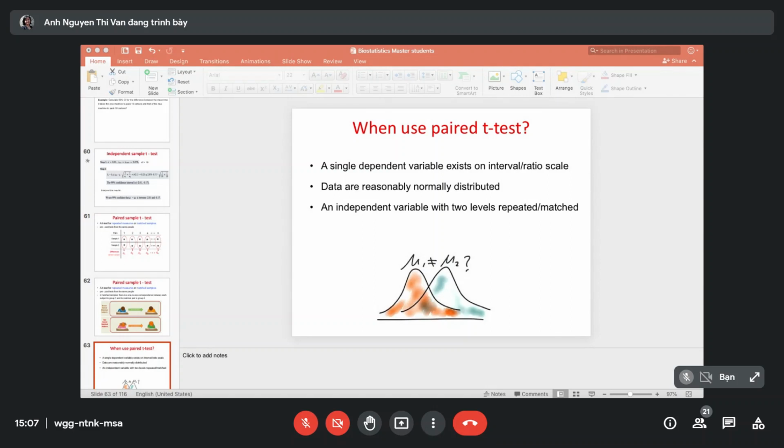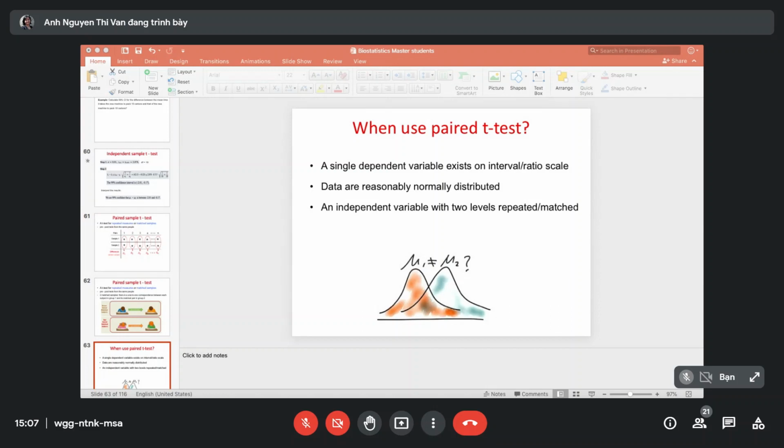That is the normal distribution. For using the t-test, you always need to assume that your dependent variable follows the normal distribution. The second is that the dependent variable needs to be a ratio or interval scale. If it's nominal or ordinal, you cannot use the t-test.